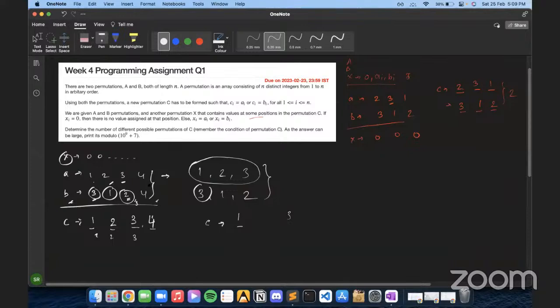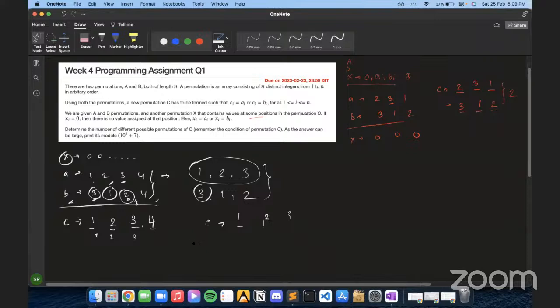And for the corresponding index, 2, we have to fix 2 at some other place. So the intuition is, if we fix any one index in C, we don't need to check further. Only one permutation will be possible once we fix a particular index in C.